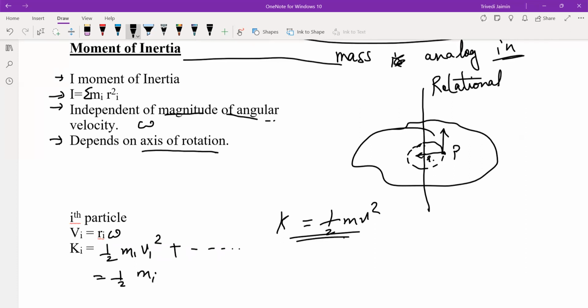Now here v is also equal to r omega. So v square means r square omega square, for the ith particle.